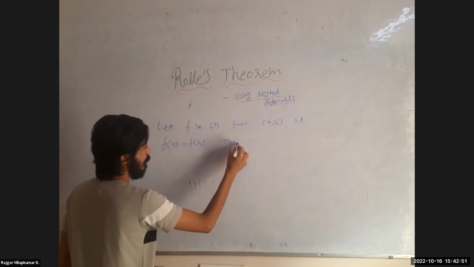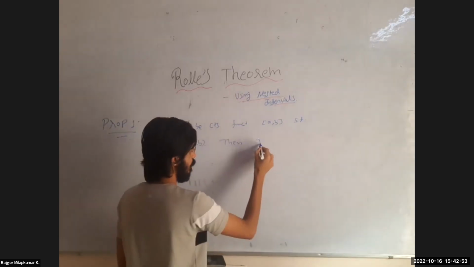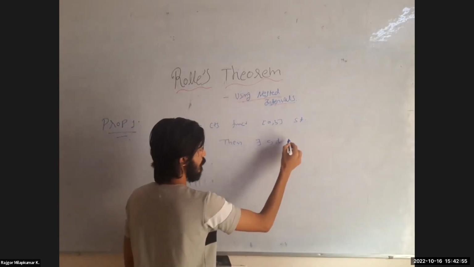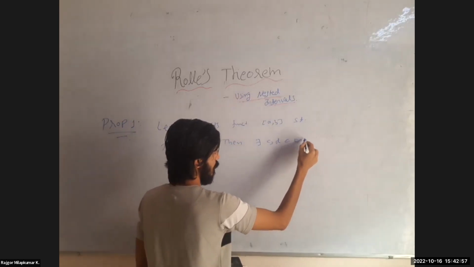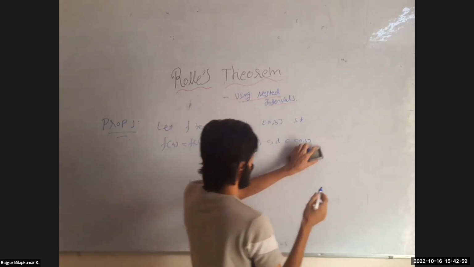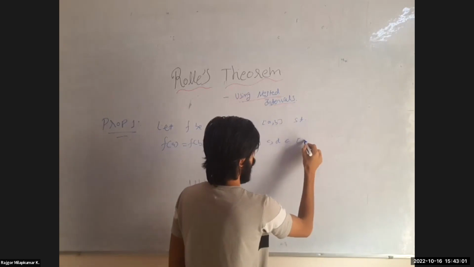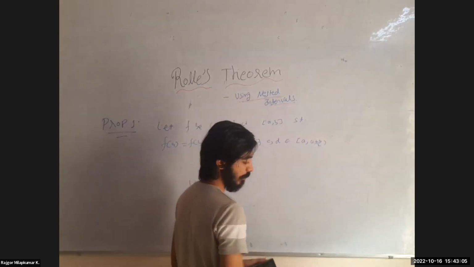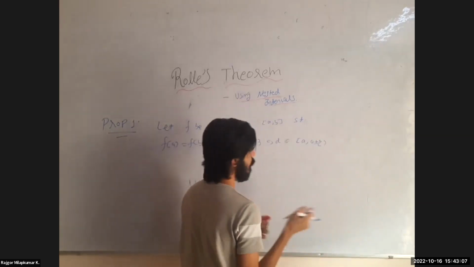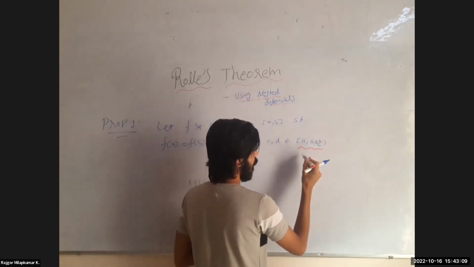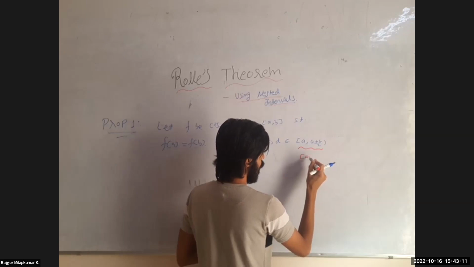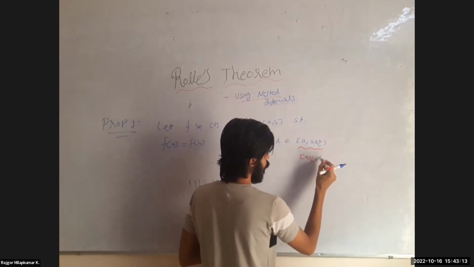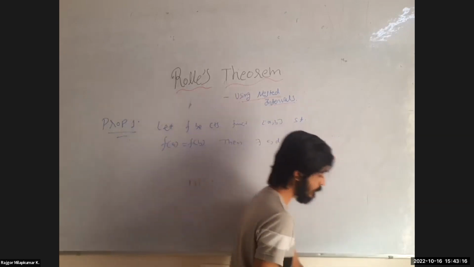Then there exist points c and d inside [a, (a+b)/2], or instead of this interval, I can also take ((a+b)/2, b], here closed and here open.